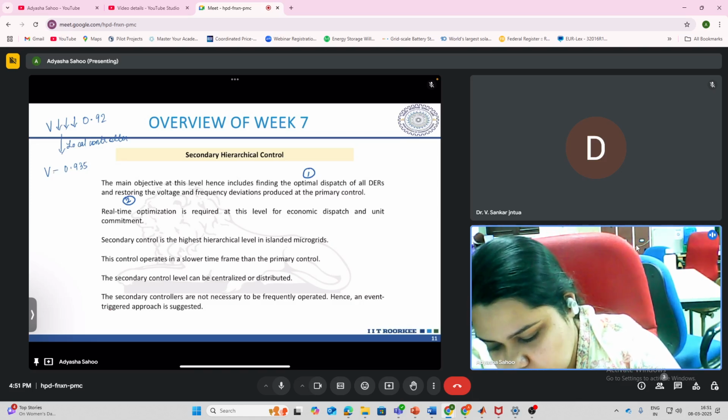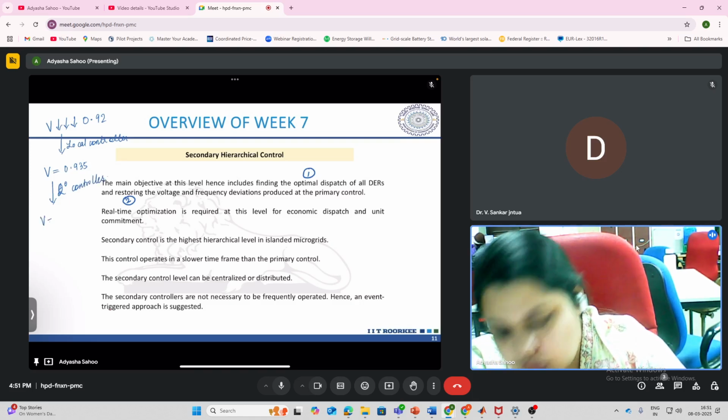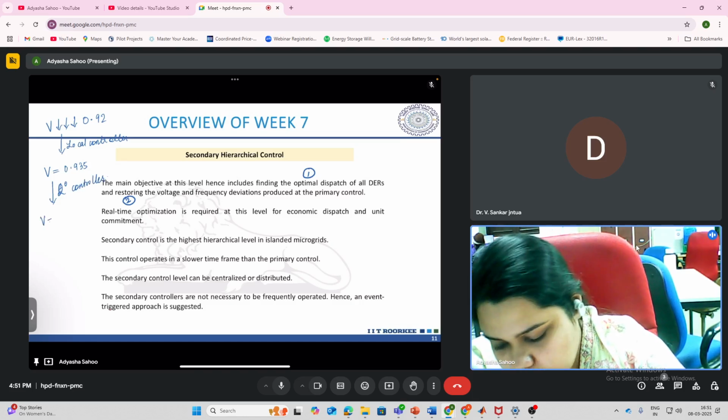Now the voltage is 0.935. So now the secondary controller will act, and it will try to further improve the voltage and bring it to, let's say, 0.95 or 0.96. Basically anything greater than 0.95. That will be done by the secondary controller.